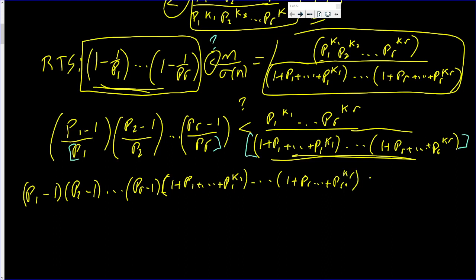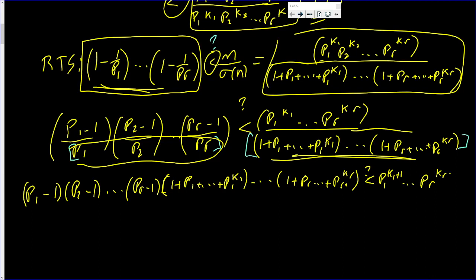And this is supposed to be less than, well, when I multiply this bottom by this top, all the powers increase by 1. We get p1 to the k1 plus 1 all the way down to p sub r raised to the k sub r plus 1.